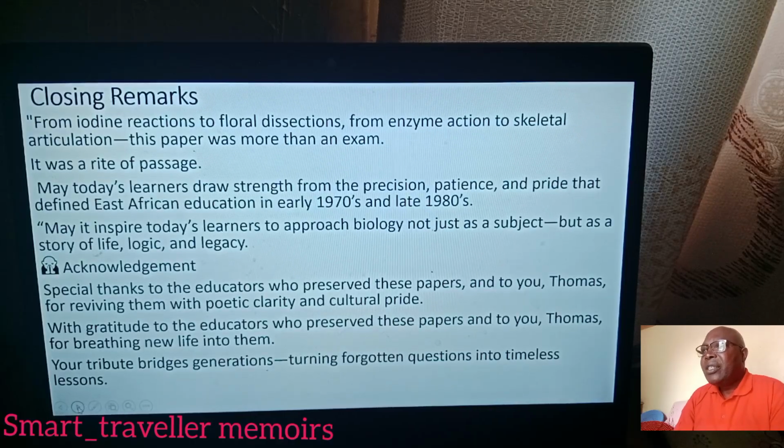May today's learners draw strength from the precision, patience, and pride that defined East African education in the early 1970s and late 1980s. May it inspire today's learners to approach biology not just as a subject, but as a story of life, logic, and legacy.